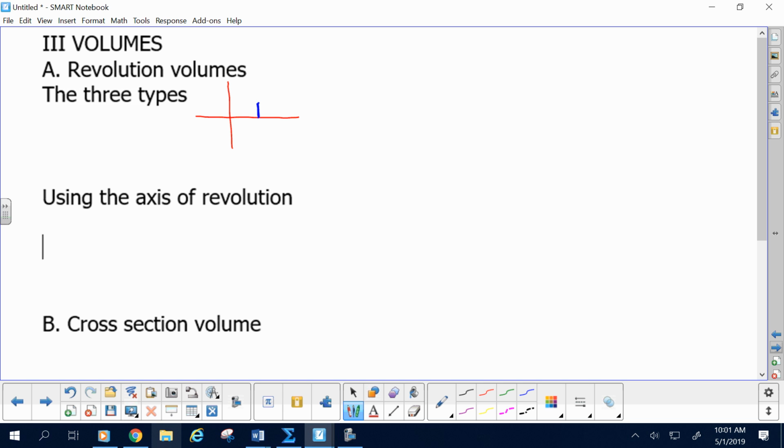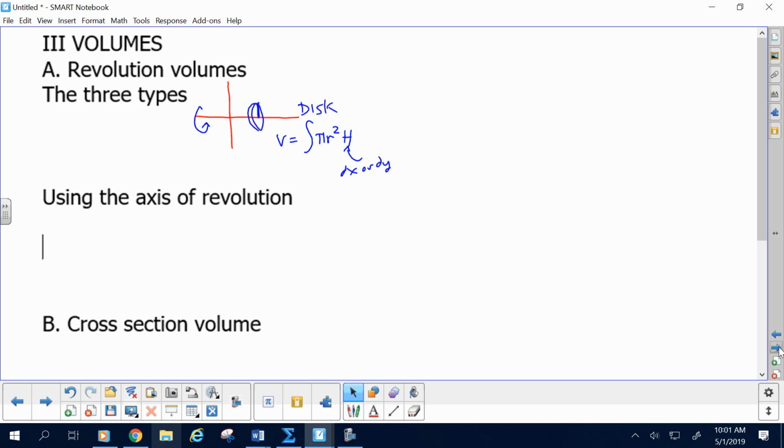If you get a slice like that, and you revolve it around the x-axis, then what's made? It's a disk. The disk volume is pi r squared times h, and the h is either dx or dy, depending on how it's revolved. In this case, in my picture, would it be dx or dy? That would be dx, okay?